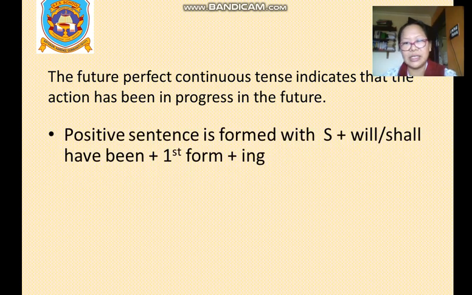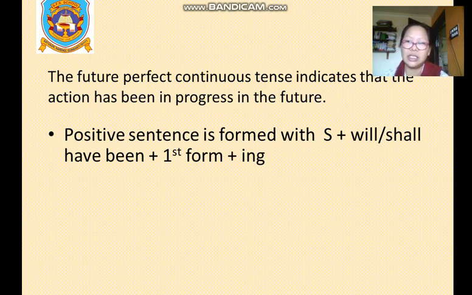Now the type of sentence, like in all the forms of tense, we have learned how to form positive sentence, negative sentence and interrogative sentence. Positive sentence, we will form with subject, then we will add will or shall, then we will have been plus the first form of verb and ing.